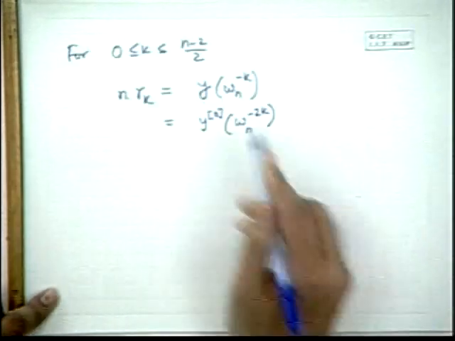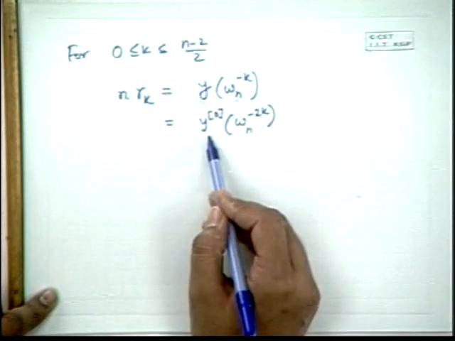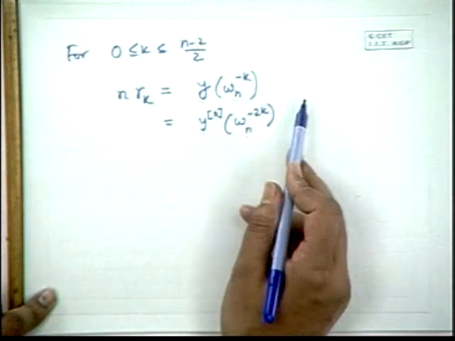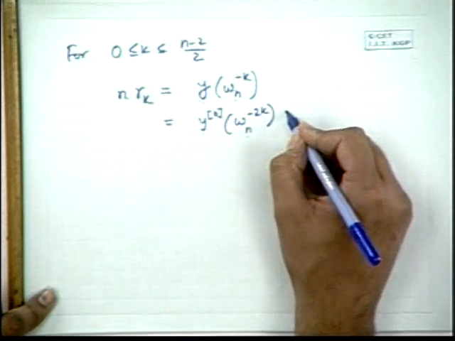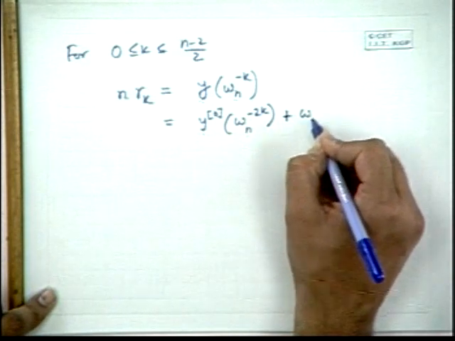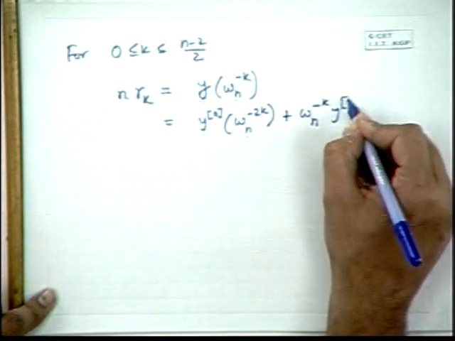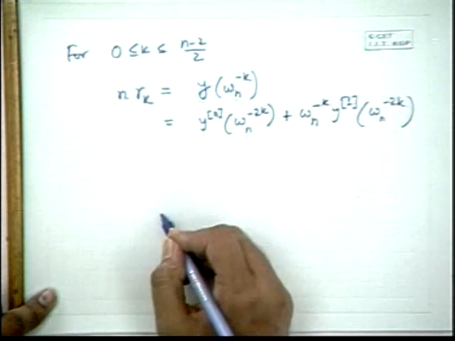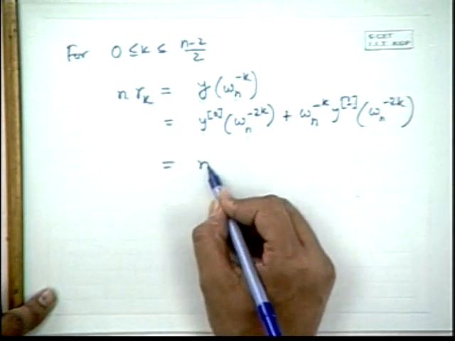So this is y0 evaluated at w to the power minus 2k, plus w to the power n minus k times y1 evaluated at the same point, w to the power minus 2k.